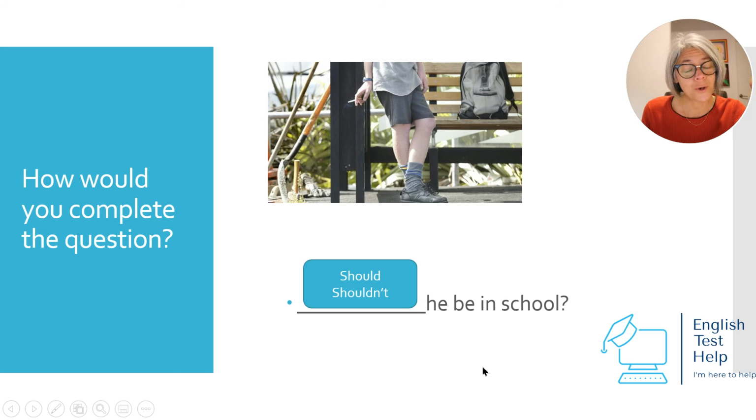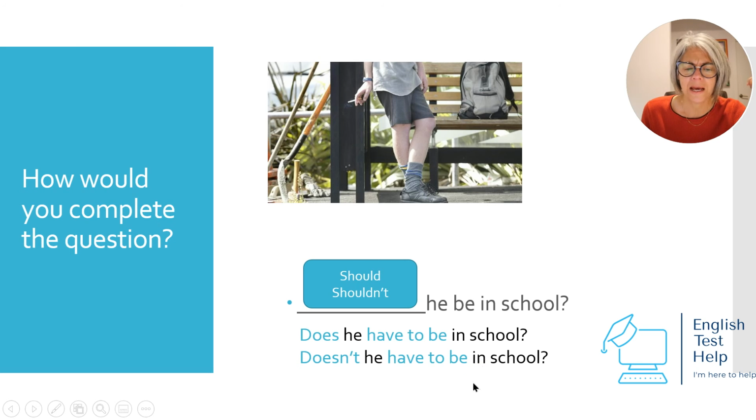You can also ask with does. Does he have to be in school or doesn't he have to be in school? But notice they are all following the same form. Modal or helping verb, then the subject, then the main verb.